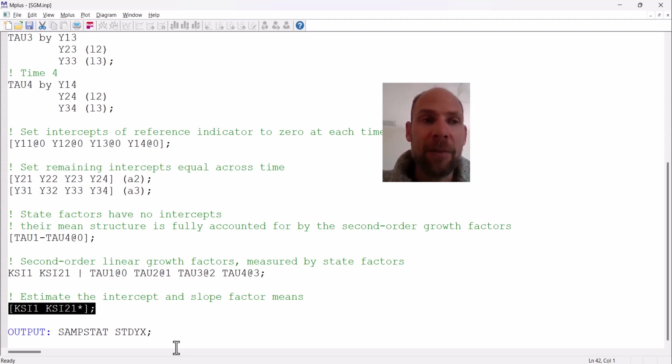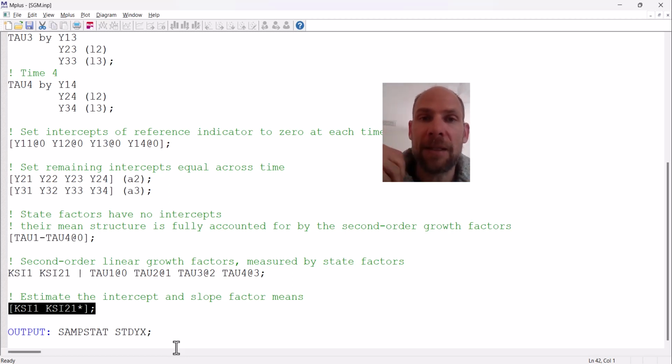One thing that I still want to mention is that oftentimes a model that is set up like this won't fit very well, because when you have indicators that are not perfectly unidimensional across time, and when they might have indicator-specific effects, then you might find that the error terms of the same indicator across time are related.